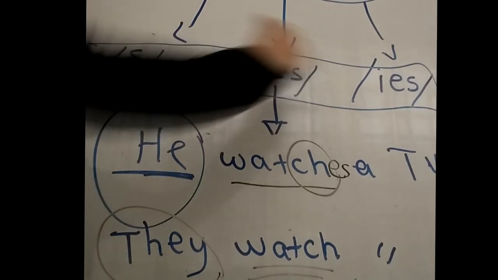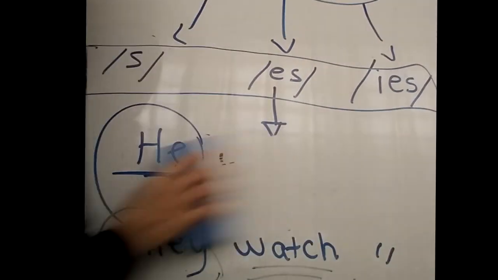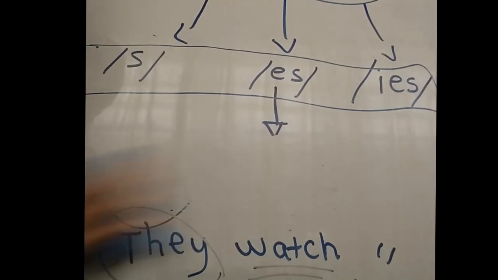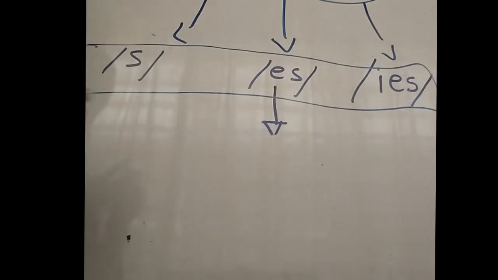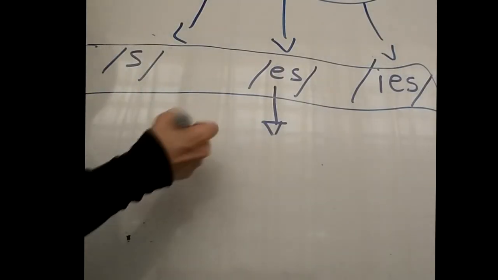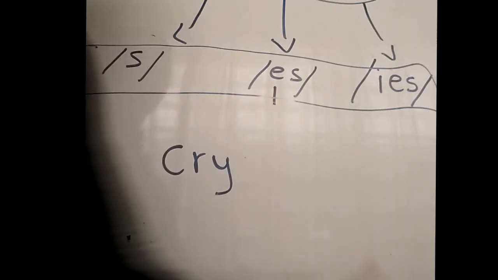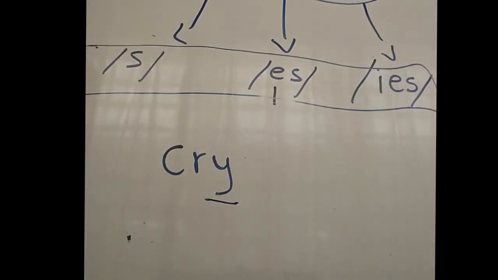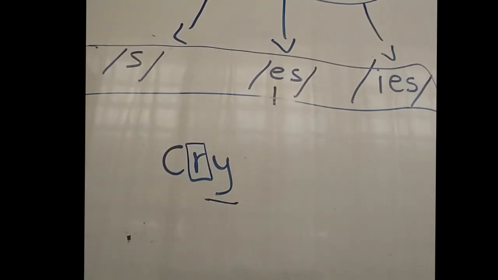Now we need to look at IES. When do we need to add IES? We need to add it to the last few letters of the verb. For example, we have here cry. What is the last letter of the verb? The last letter is y, and before y is a consonant.